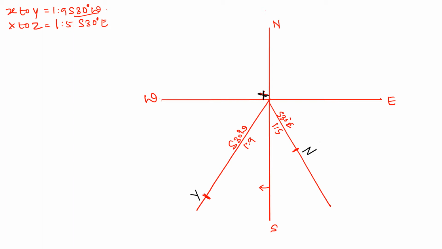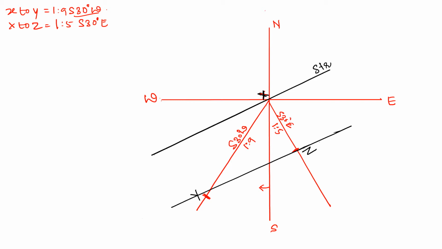So this is my point, and this is my second point. Okay, somewhat correct. Same way I'll shift that point here also. Parallelly I shifted this. So now what we got? We got a straight line.